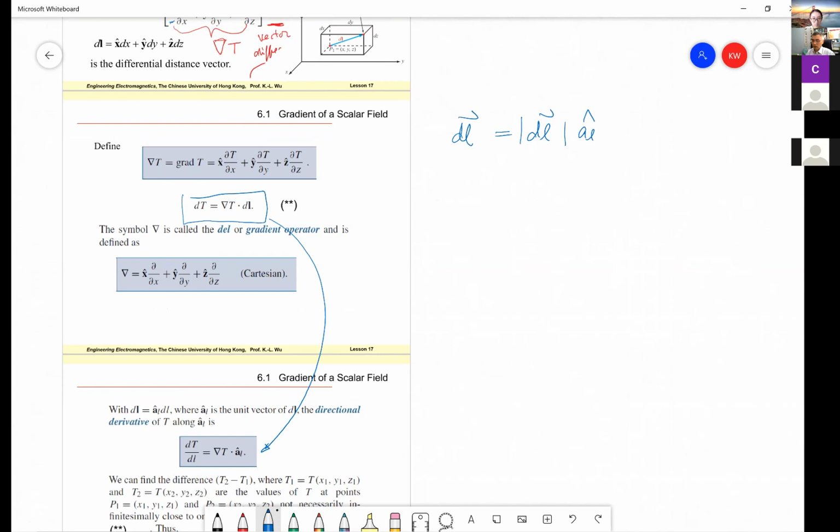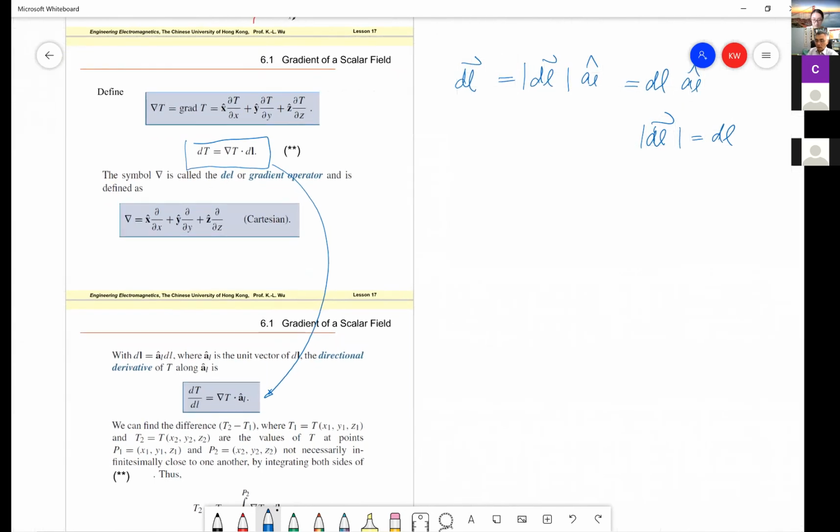I can write it in this way, then, therefore, we have a very clear picture of what this is. This is called the directional derivative.